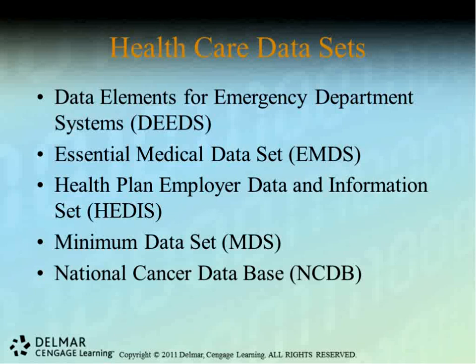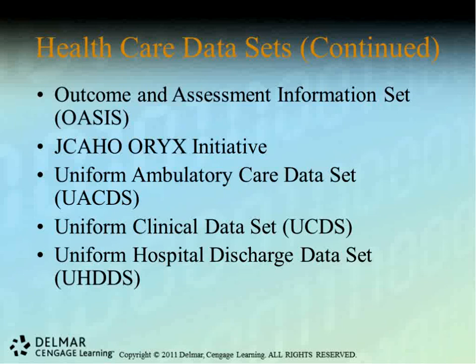MDS, Minimum Data Set. National Cancer Database, NCDB. Outcome and Assessment Information Set, OASIS. ORYX, the Joint Commission's ORYX Initiative, formerly JCAHO. UACDS, Uniform Ambulatory Care Data Set, that should ring a bell. Uniform Clinical Data Set, UCDS. And you've got Uniform Hospital Discharge Data Set, UHDDS.